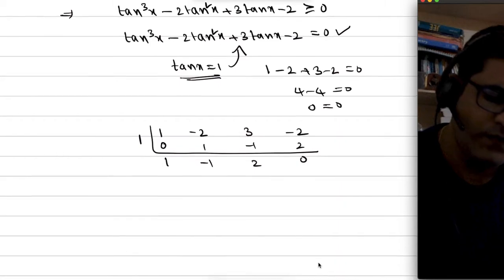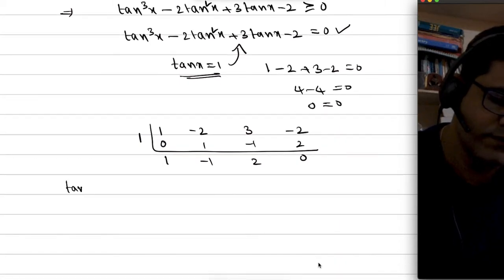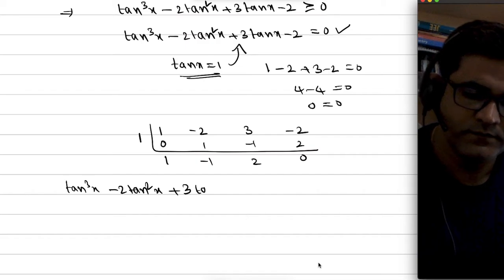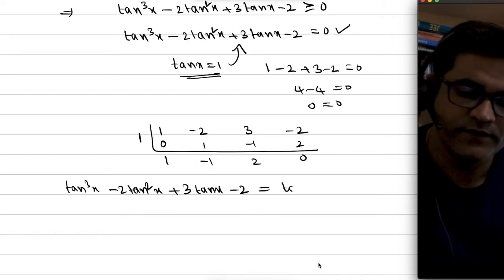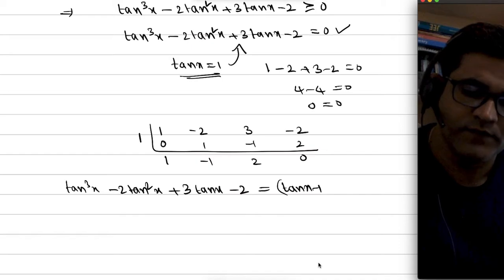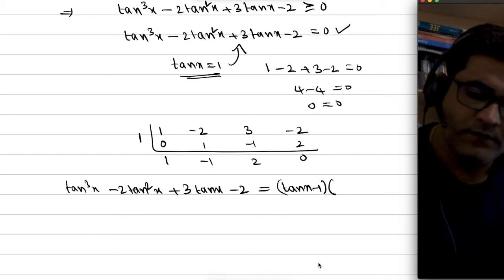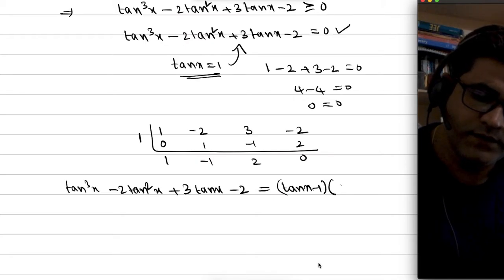So now this tan cube x minus 2 tan square x plus 3 tan x minus 2 can be written as, tan x equal to 1 is a root, therefore tan x minus 1 is a factor, therefore tan x minus 1 times the remaining quadratic, in which coefficient of tan square x is 1, coefficient of tan x is minus 1 and constant is 2.